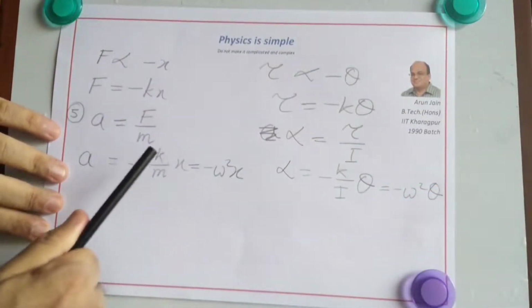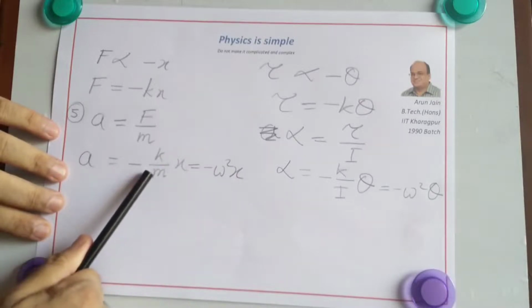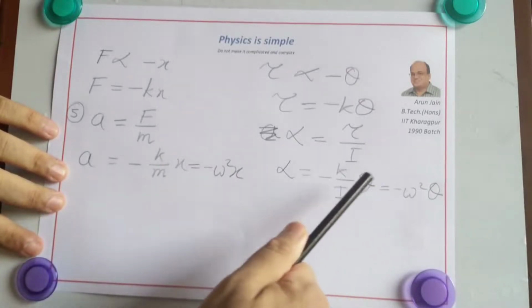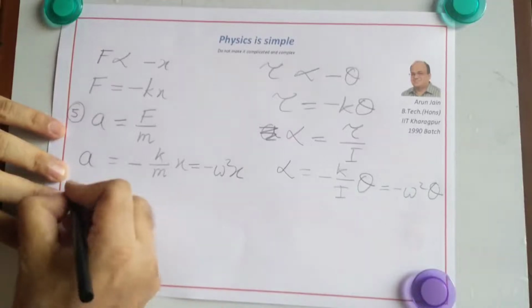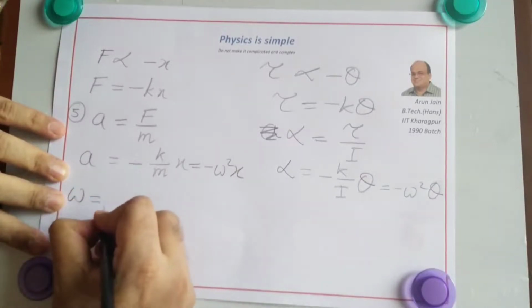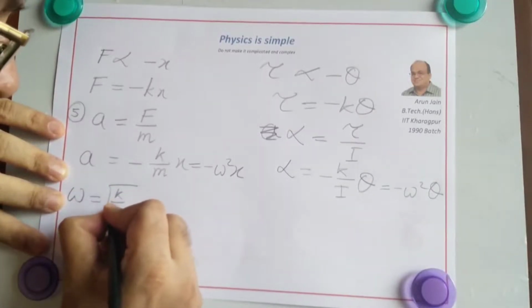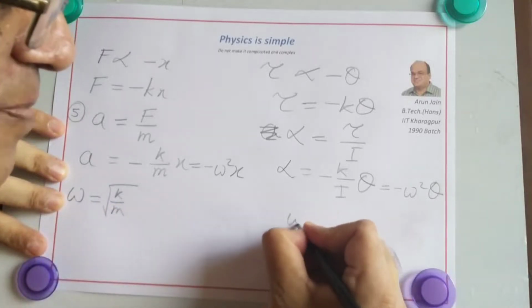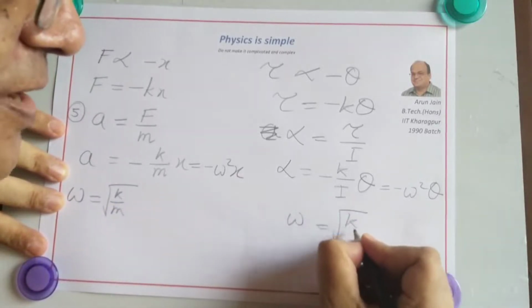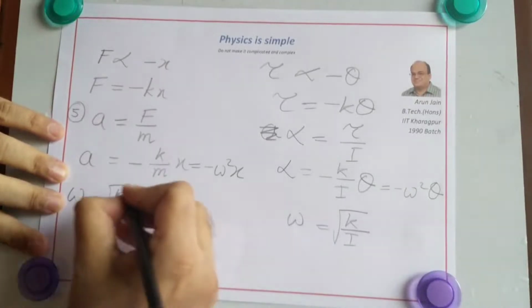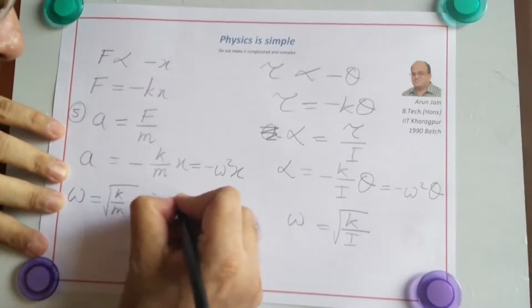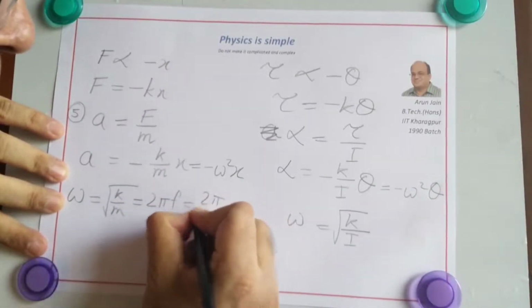So now we can get omega here by comparing these two equations. Therefore here omega will be root over k by m. And here omega will be root over k by I. And omega is 2 pi into frequency or 2 pi by time period.